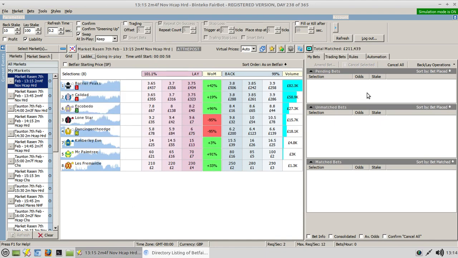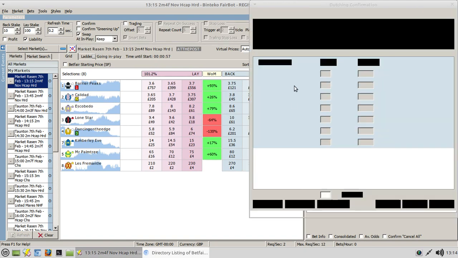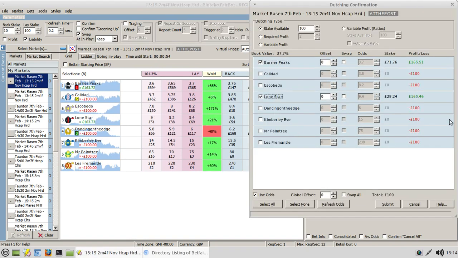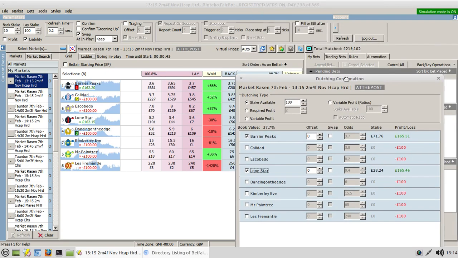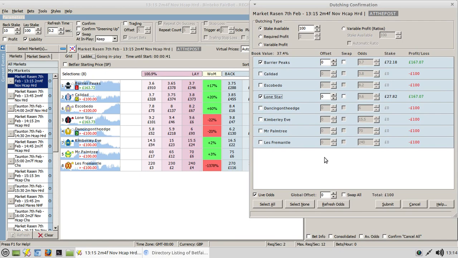So yeah, Barrier Peaks and Lone Star are the 2 picks. You can see that the profit and loss comfortably meets my preferred preference of being at least equal to the stake I'm using. You'll see that I'm in simulation mode today.